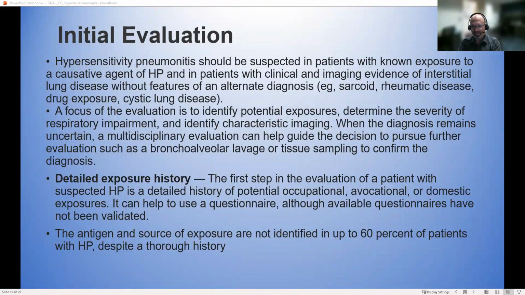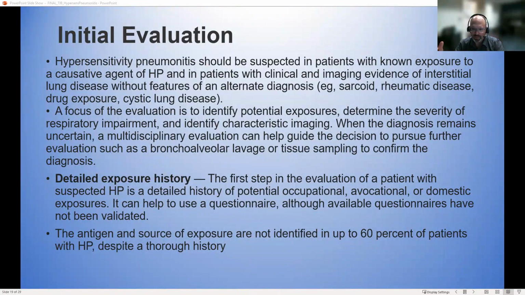So that's kind of a challenge, right? The more I read about HP, the more I got confused about it, because it's there, but you can't nail it down. I think more than anything, you have to just keep it in your mind, and we'll talk about it some more. It is a frustrating disease.